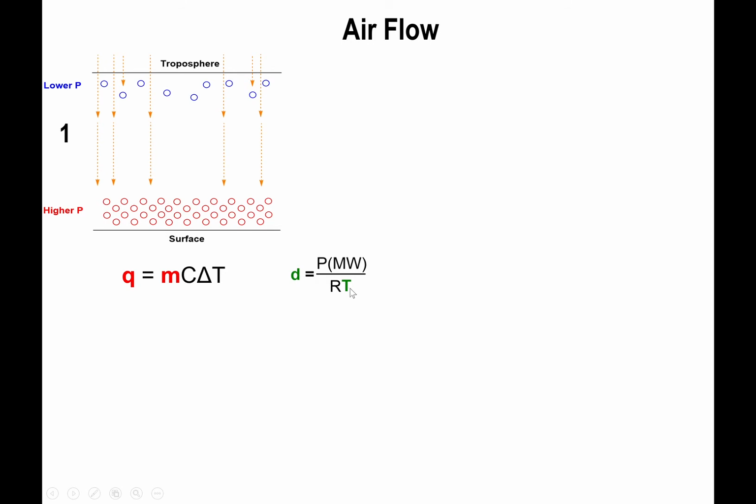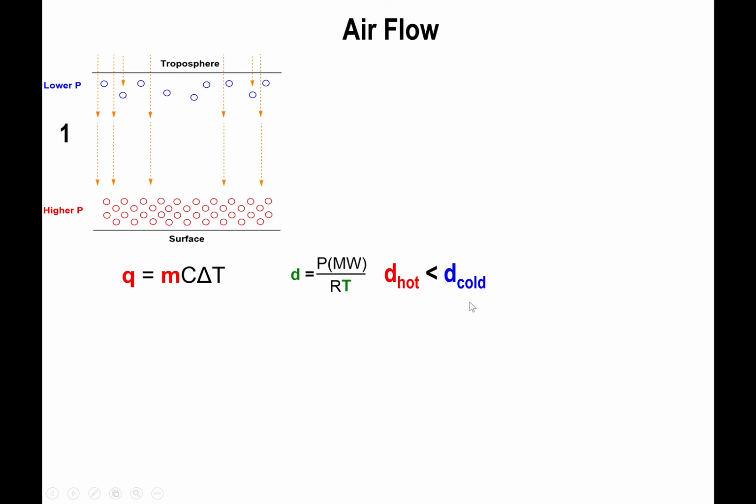And specifically, if you look at the equation here, density equals pressure times molecular weight over RT, the peculiar nature of this equation is that the temperature being in the denominator means that if you have a gas that is hot, the hot gas is actually going to have a lower density than a cold gas. And the reason being is because the hot gas will have a higher value of temperature. Temperature being in the denominator will make the entire density smaller. So the density of a hot gas is lower than the density of a cold gas.